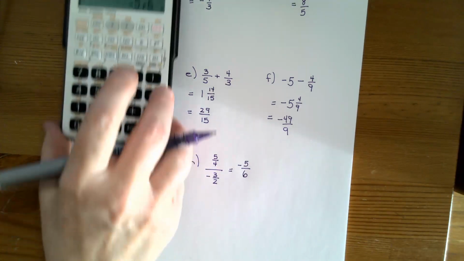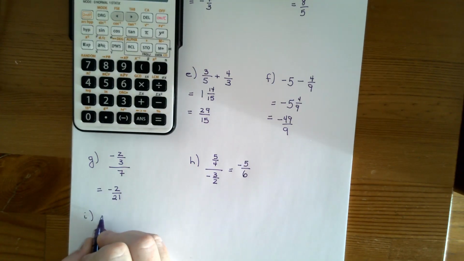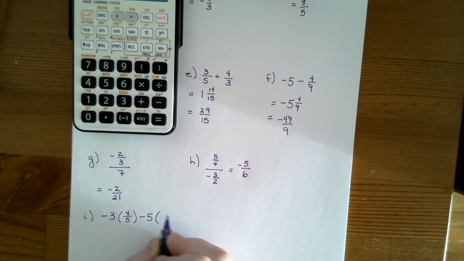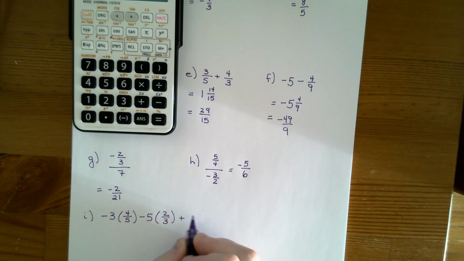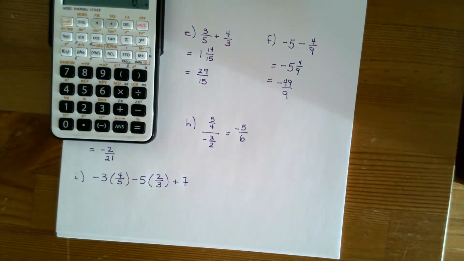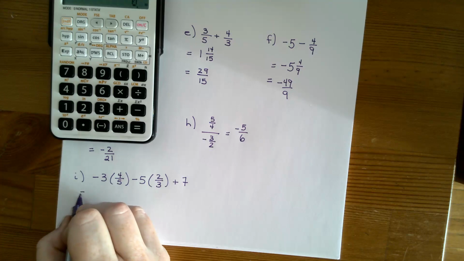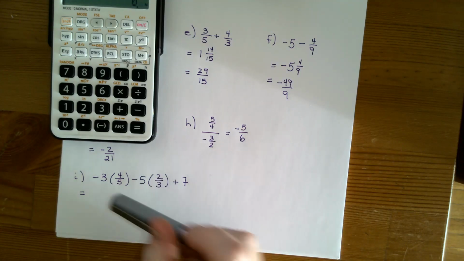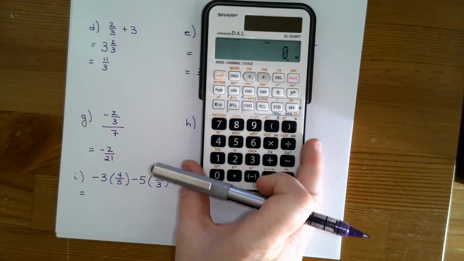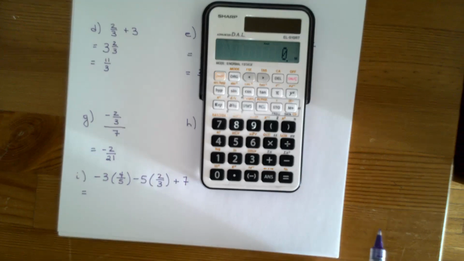So let's do one last one just to make sure that we have it. So let's do -3 times 4 over 5 minus 5 times 2 over 3 plus 7. Okay, so we're going to go ahead and put that in the calculator. I might do these separately just because that way I don't run into trouble trying to put it all in my calculator, but you could do it all in one step.